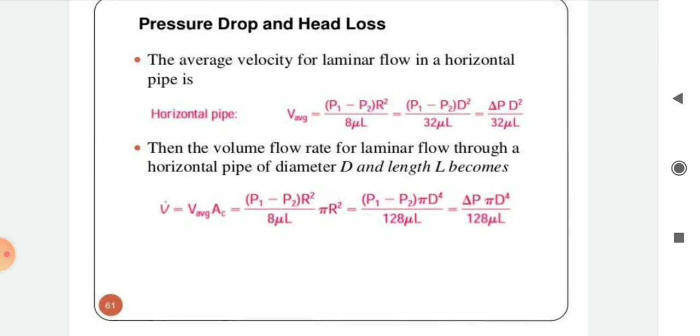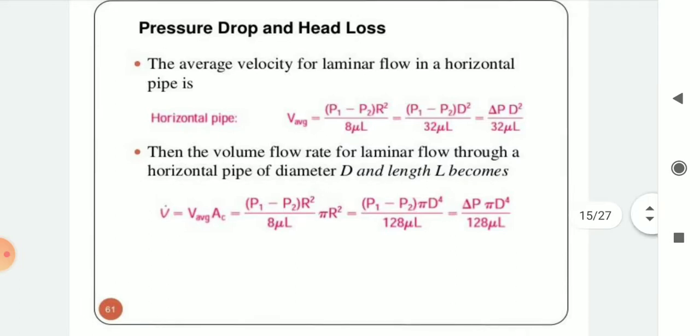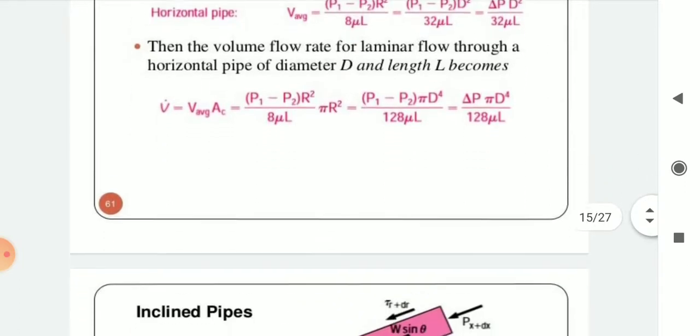Then the volume flow rate for laminar flow through a horizontal pipe of diameter D and length L becomes V̇ = V_avg A_c = (P1 − P2)r²/8μL × πr² = (P1 − P2)πD⁴/128μL = ΔP πD⁴/128μL.